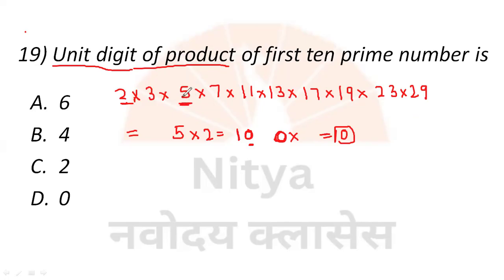It means if you multiply 5 with any even number, you get the unit digit as 0. So the whole answer will be 0, because when we multiply any number by 0, the result will be 0. Okay, so option number D is the answer.